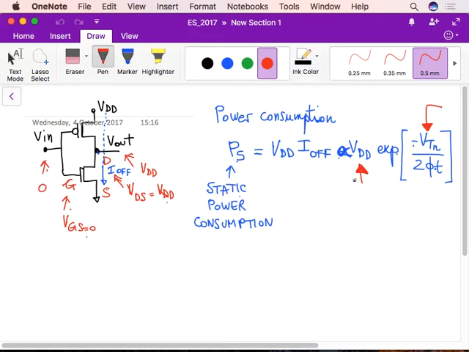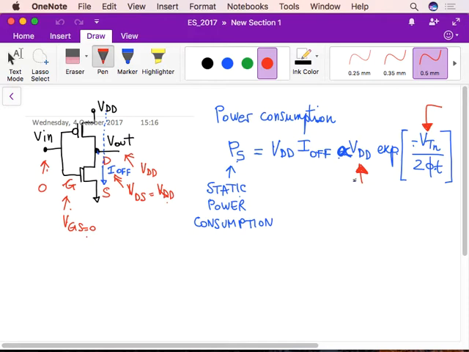So basically we cannot reduce the threshold voltage anymore. I have some plots of these quantities as a function of time in commercial microprocessors, and you can see the difference. Basically, the VTN cannot be decreased anymore. It's already too much, the static power consumption.